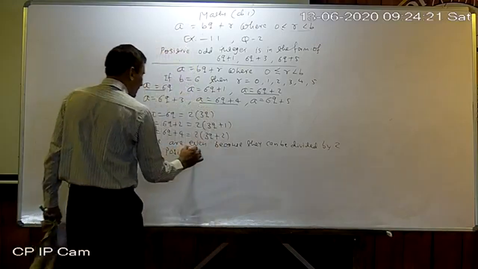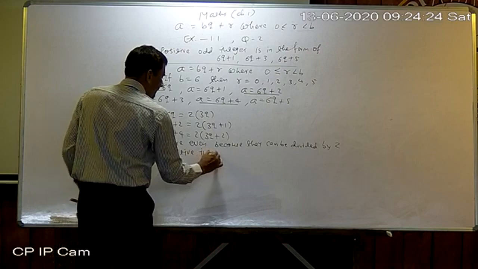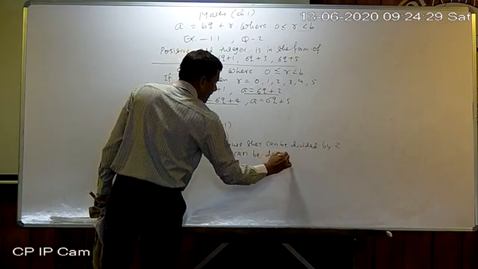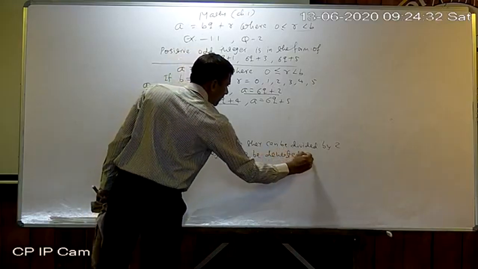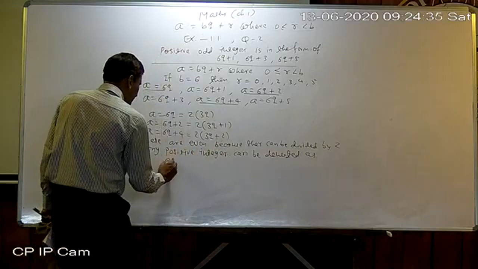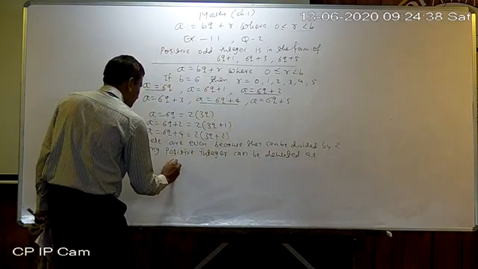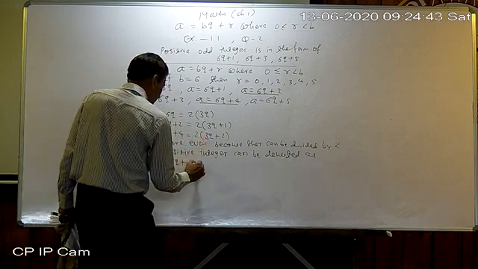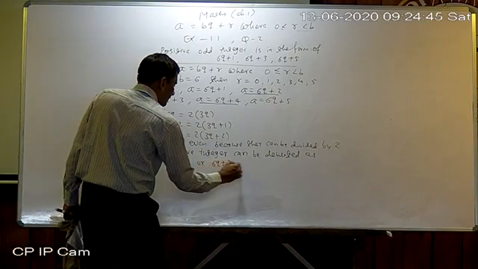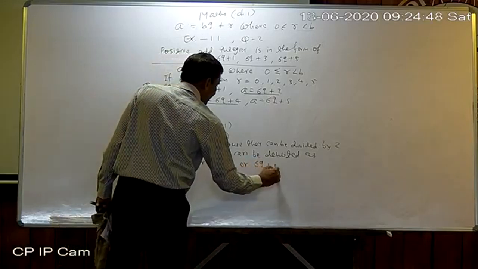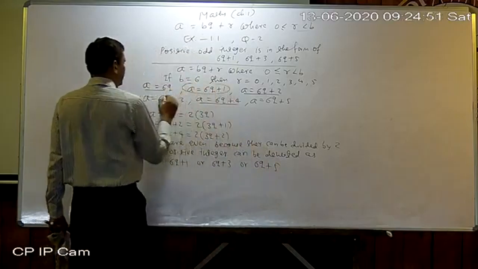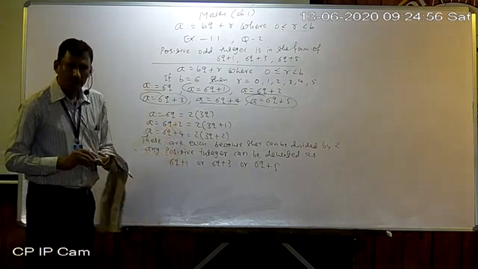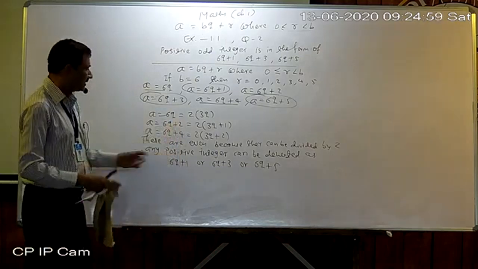Therefore any positive odd integer is in the form of 6q plus 1 or 6q plus 3 or 6q plus 5. Why? These even ones are removed. Whatever is left is the expression of the given number whenever it is odd.